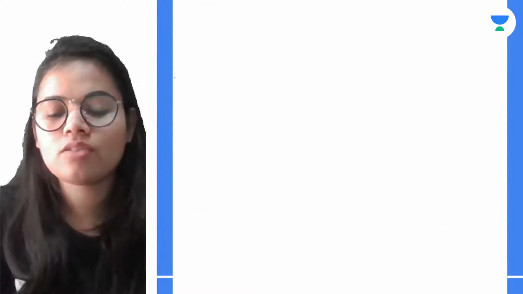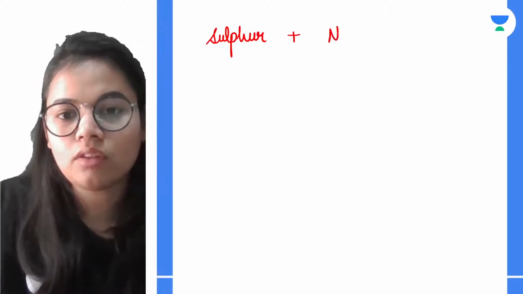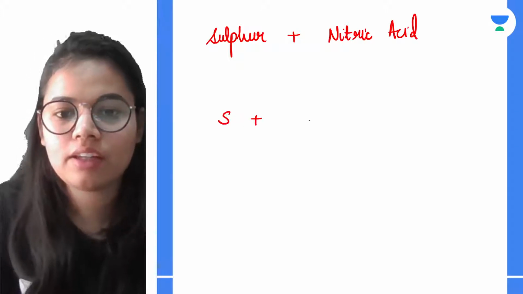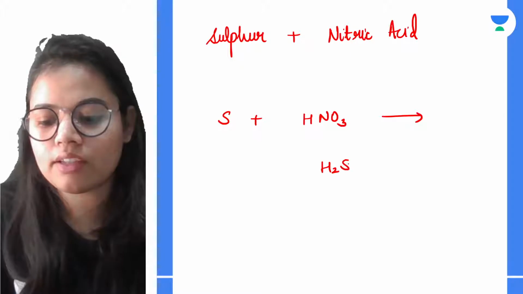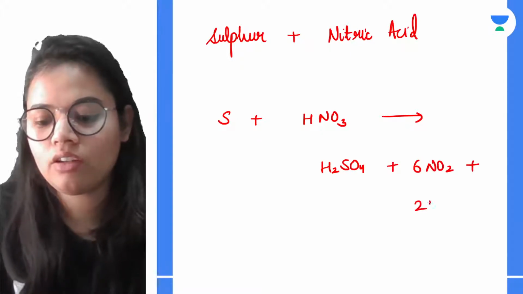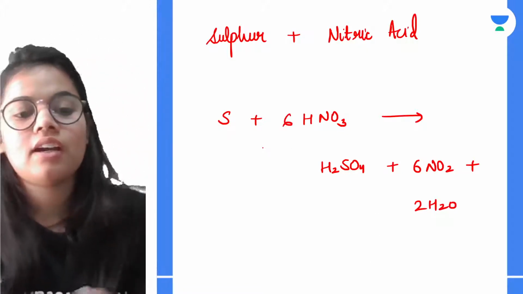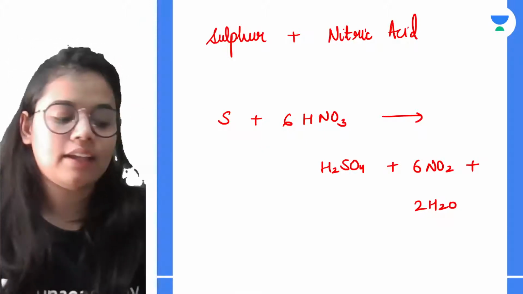Next is when we react sulfur with nitric acid. When sulfur reacts with nitric acid, it gives sulfuric acid plus nitrogen dioxide and water. Alright, so these are the two basic methods of preparation of sulfuric acid.